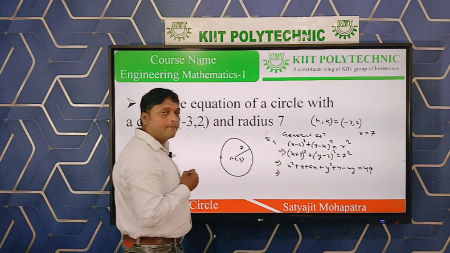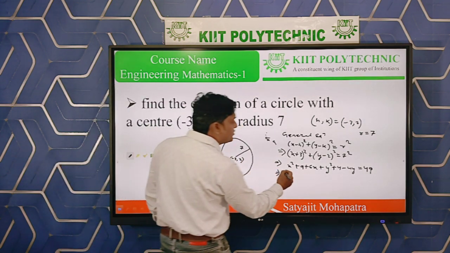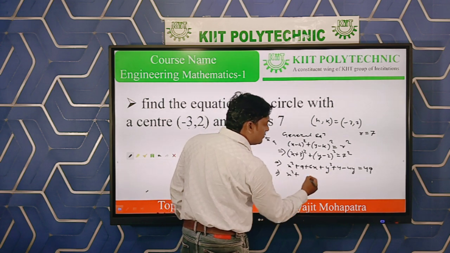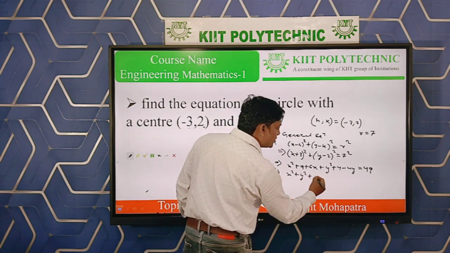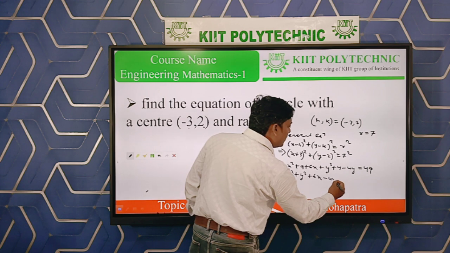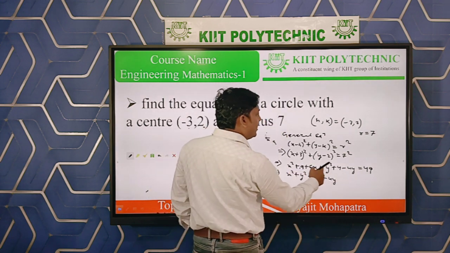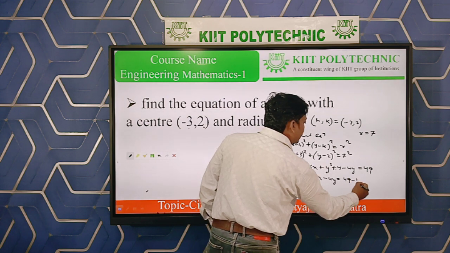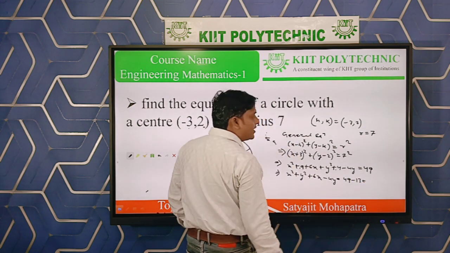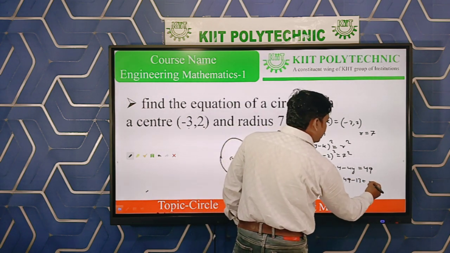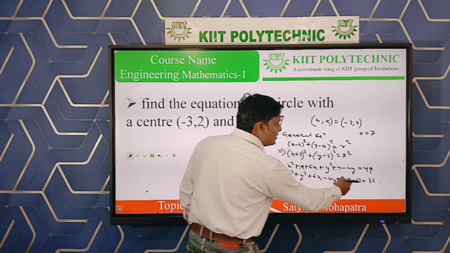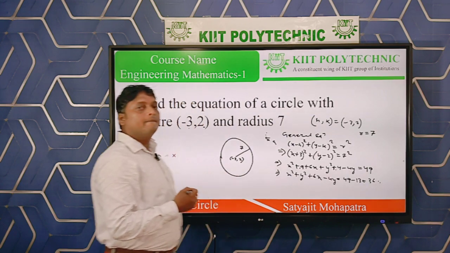Next, write it in a proper arranged manner: x square plus y square plus 6x minus 4y, then 9 plus 4 is 13. Taking 13 to the right side, it gets subtracted from 49 and the result becomes 36. This is the required equation of the circle.